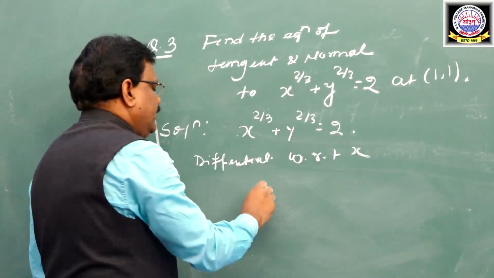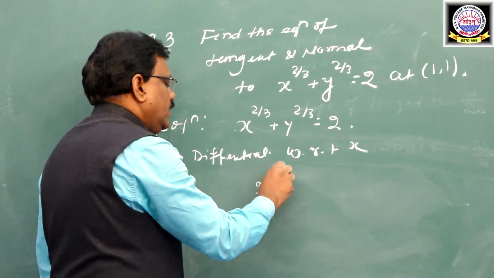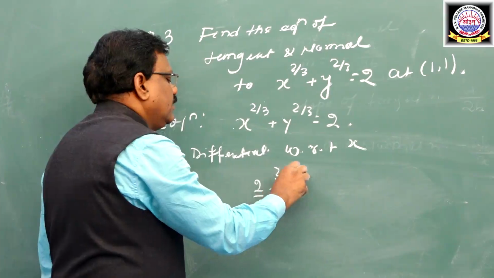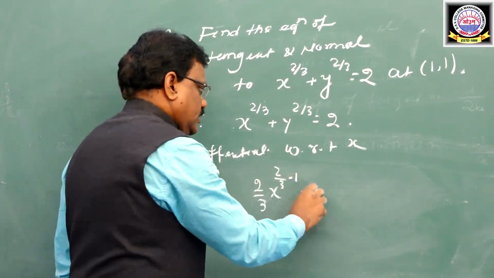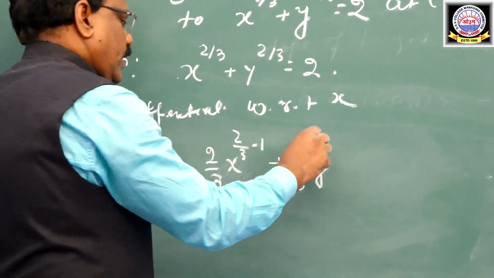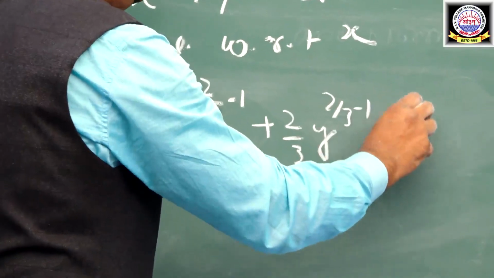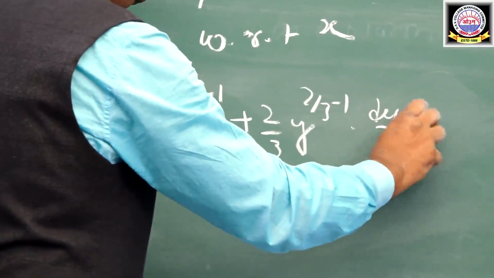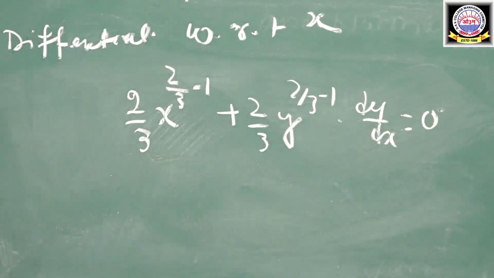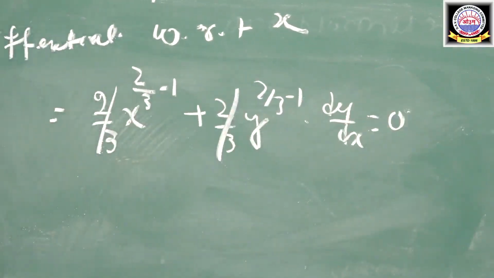So derivative of x is 2/3 into x to the power 2/3 minus 1 plus 2/3 y to the power 2/3 minus 1 into dy by dx is equal to 0. So we can cancel 2/3 as the right hand side is 0.